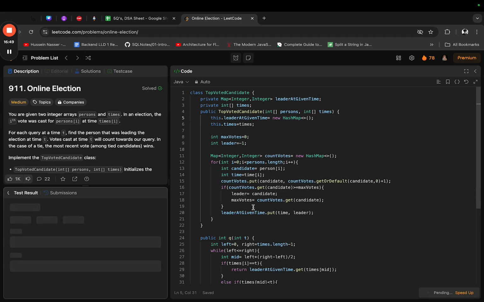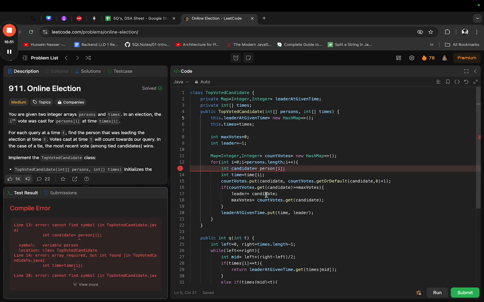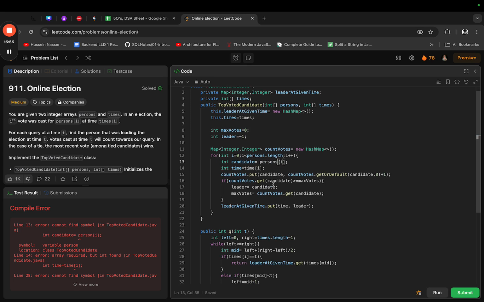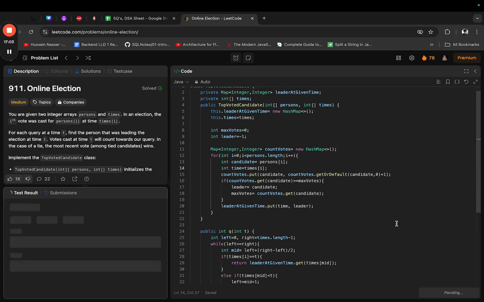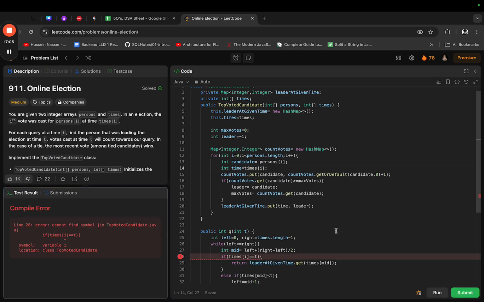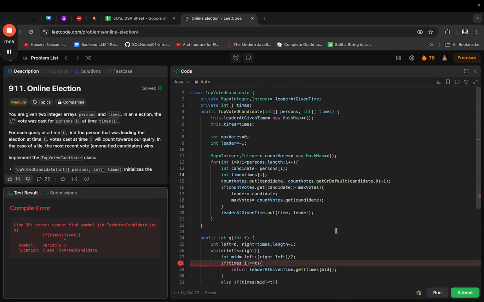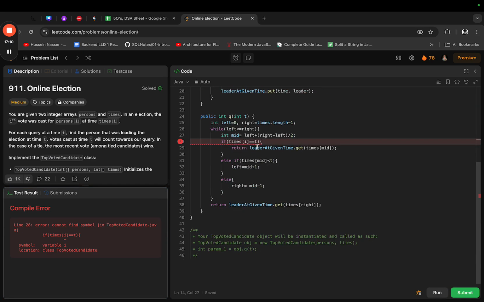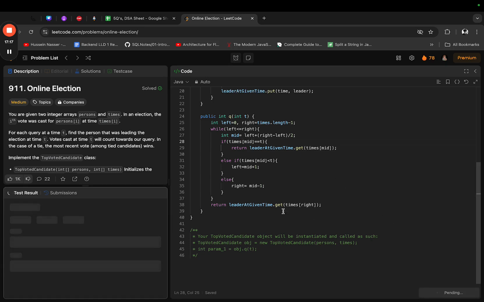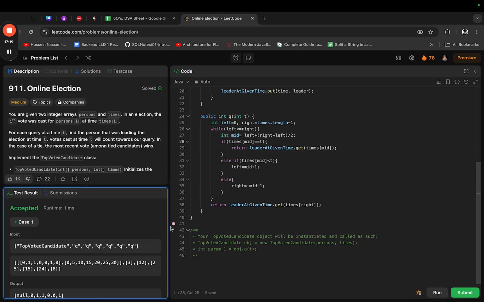Right, persons, actually it is persons of i and times of i. So times of, yeah, times of not i, it is mid, right? Why am I taking i? Yeah, that's it, it is accepted. Let's submit it.